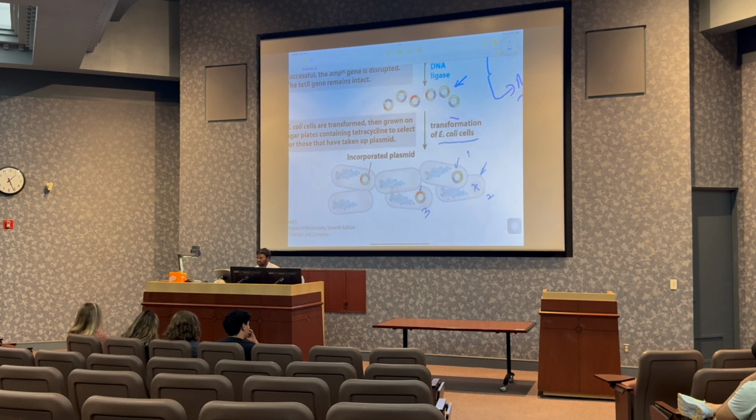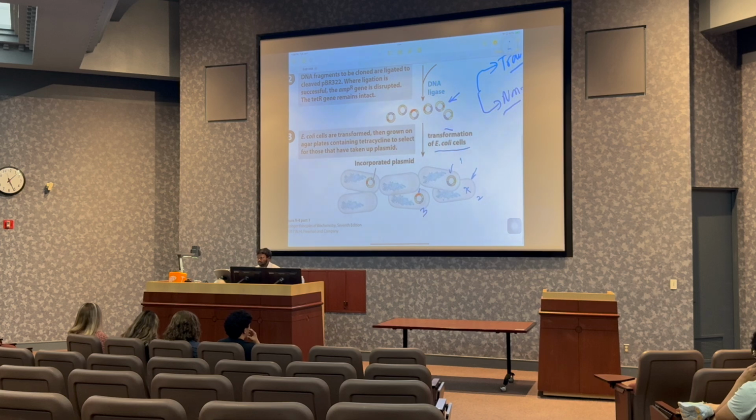It means they did not take up the vector or plasmid. They said no, not allowed, no entry. So they did not take the plasmid. There are two others. One has the vector without foreign DNA, and the third has the foreign DNA. So what's the difference between 1 and 3?